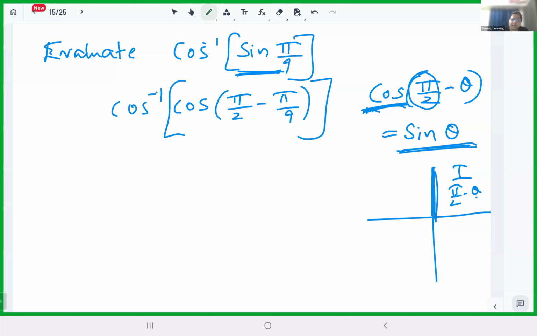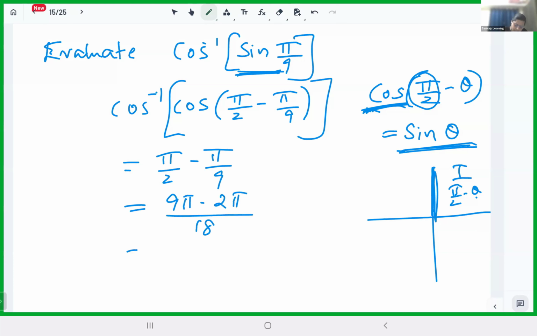So cos inverse of cos of pi by 2 minus pi by 9, that is equal to pi by 2 minus pi by 9. What is the value here? 9 pi minus 2 pi, over 18. So that is equal to 7 pi by 18.